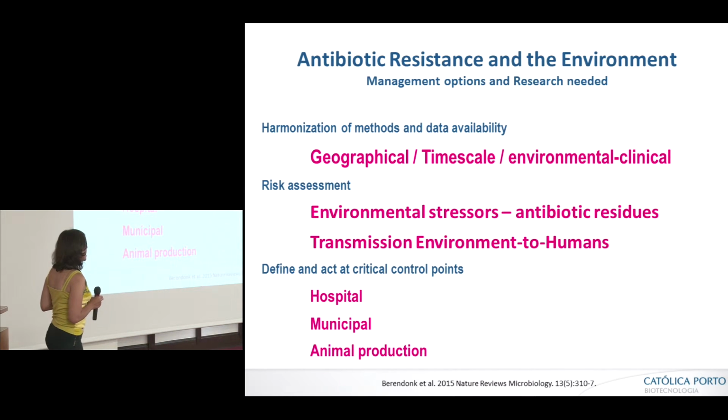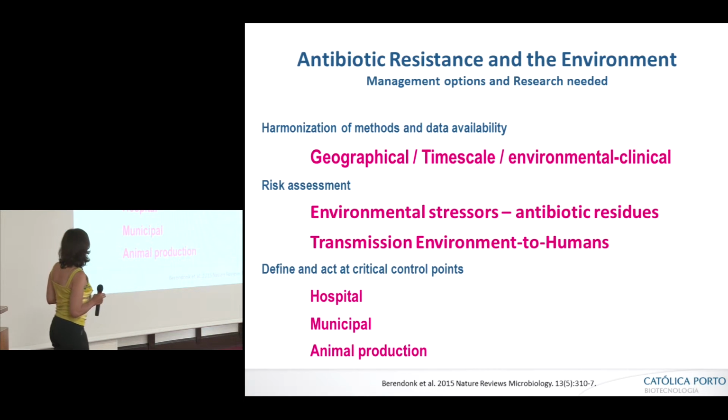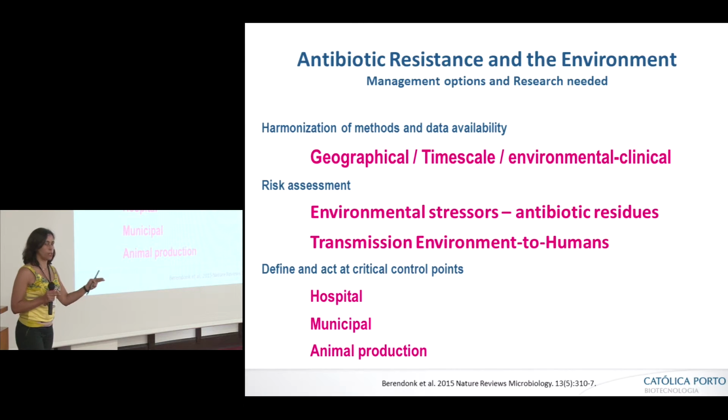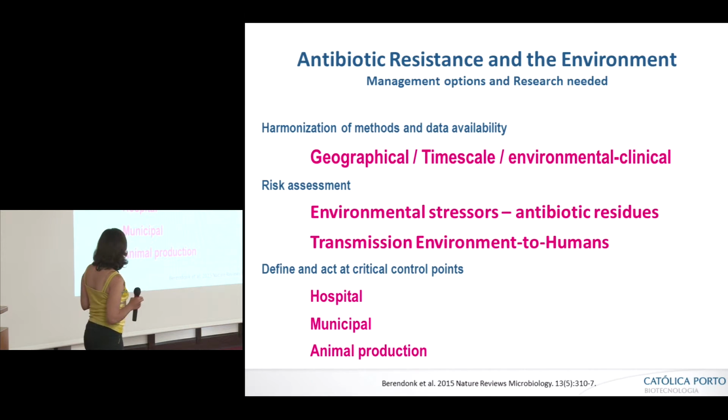Another thing that we need to do is to know if there is a risk of transmission of resistance from the environment to humans, and if this risk exists, how can it be controlled? And for that, once again, we need data. And then we also need to define some points where we can control the spread of antibiotic resistance.